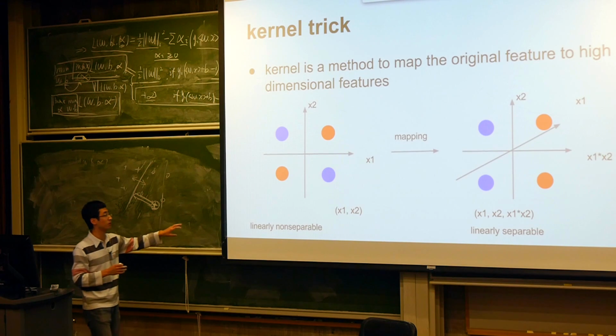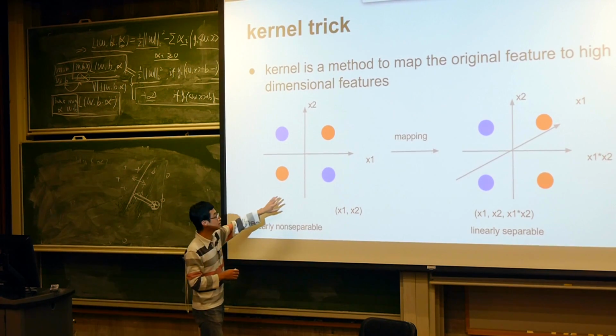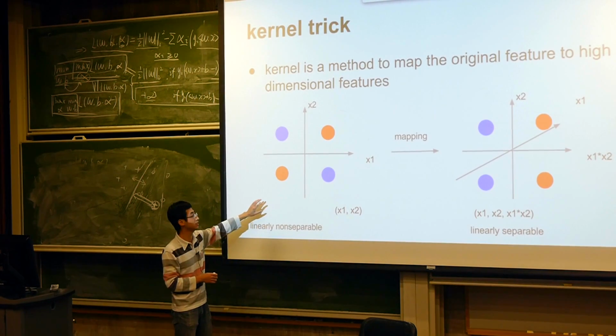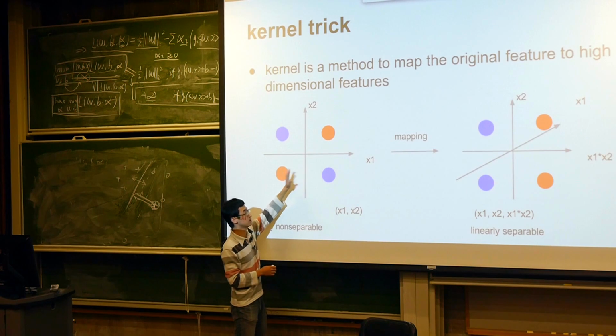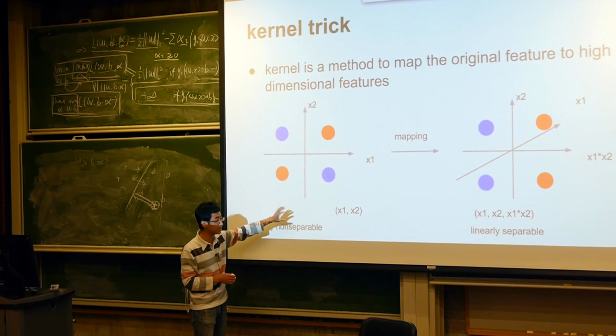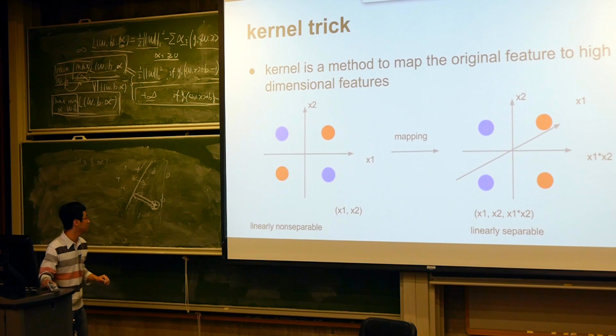And here's an example, and I quite like this example. For this example, the dots cannot be classified in the two-dimensional case. You cannot put a line so that the red points and the blue points are classified. But if we map it to a three-dimensional case, we can classify them. Let me show you how we do that.